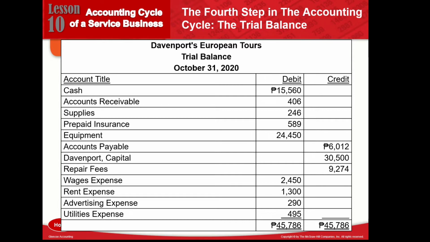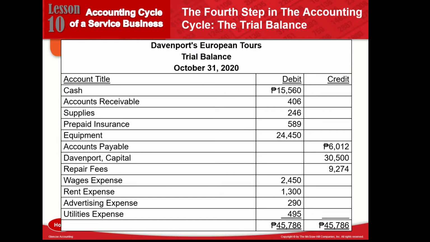Account titles for assets, cash, accounts receivable, supplies, prepaid insurance, and equipment, are all placed on the debit side, which is their normal balance. Accounts payable, capital, and repair fees are placed on the credit side as their normal balance for liabilities, owner's equity, and income respectively.